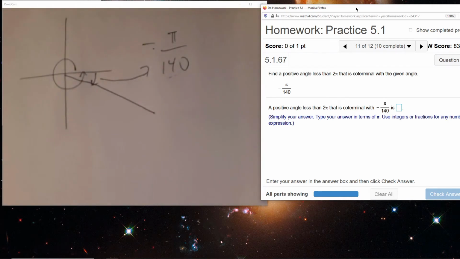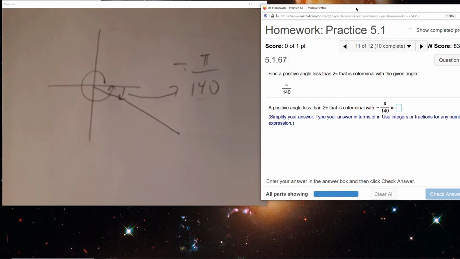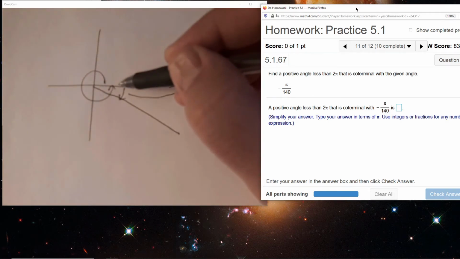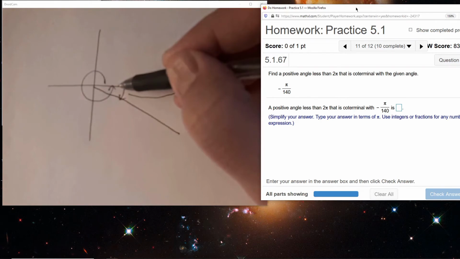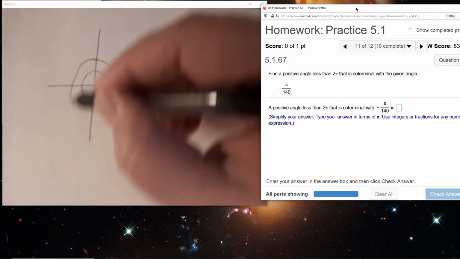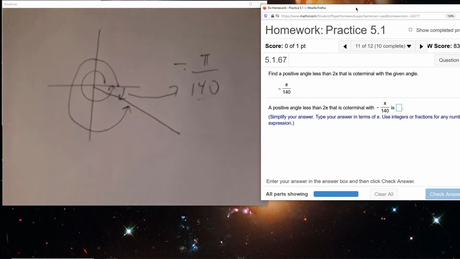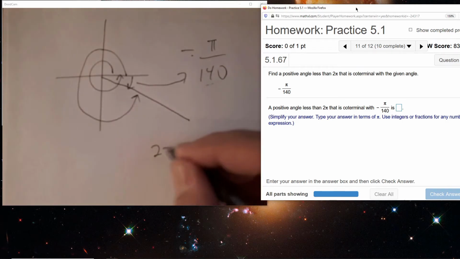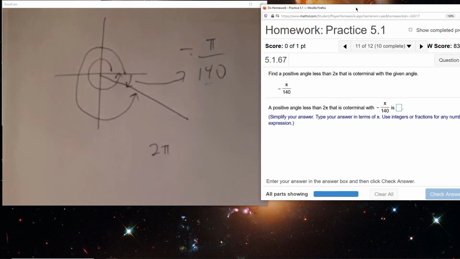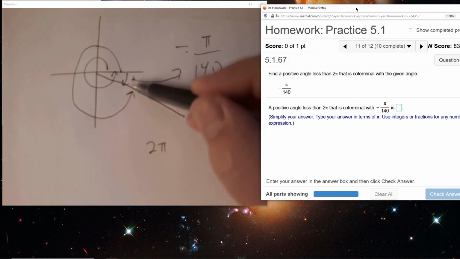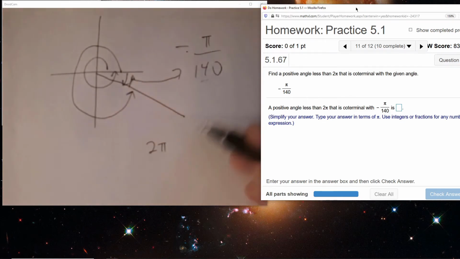So if we want something that's coterminal, and it's positive, well, let's just ask then, what is the angle from the initial rotating counterclockwise to this terminal? Well, we know a full revolution is 2 pi, and we know this little chunk right here, this little angle, is minus pi over 140.